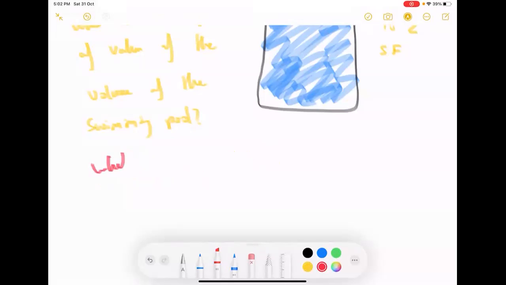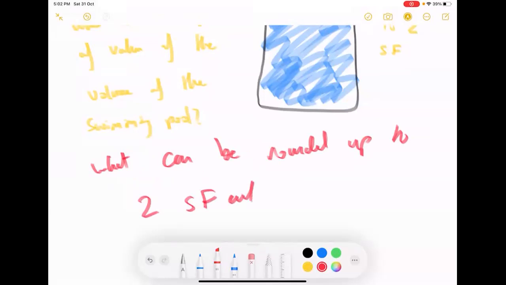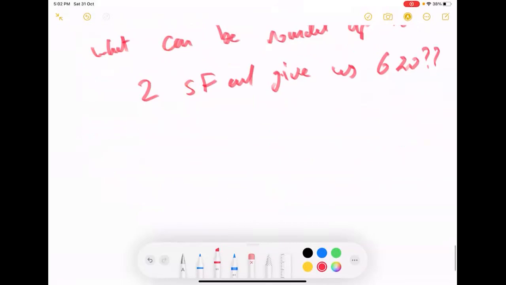What can be rounded up to two significant figures and give us 620? Can 614 be correct?